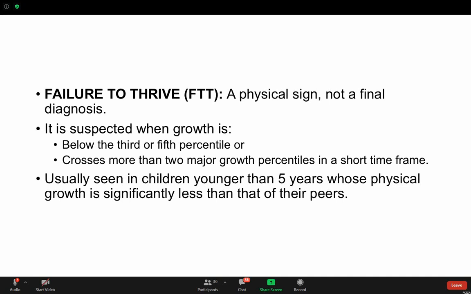Or if it crosses more than 2 major growth centiles in a short time frame, زي ما قلنا بالمحاضرة الجروث charts. يا إما من البداية أو أي قراءة تكون below the 5th أو 3rd على حسب الجروث charts اللي تستخدمها، أو إنه crosses more than 2 major growth centiles حتى لو ما كان current is below 3rd. واضح؟ It's usually seen in children younger than 5 years whose physical growth is significantly less than that of their peers.